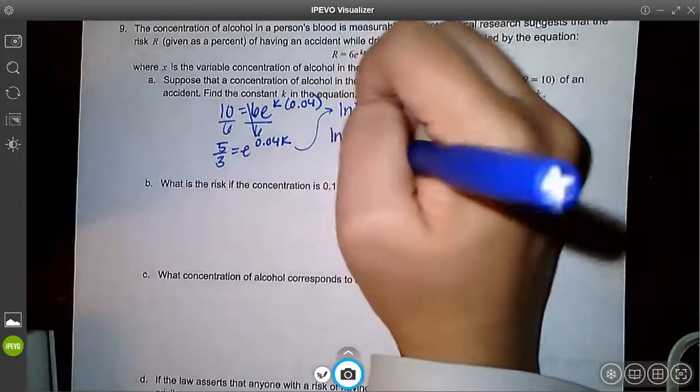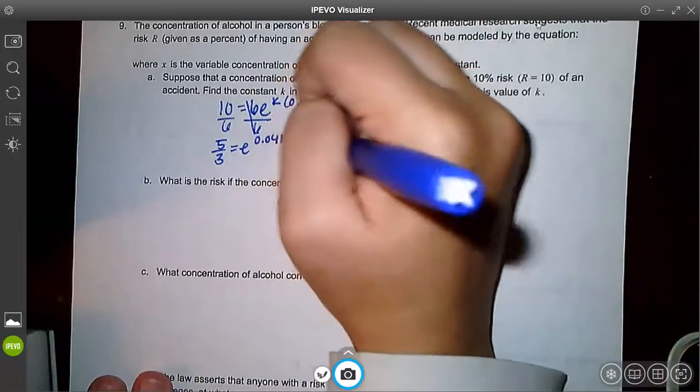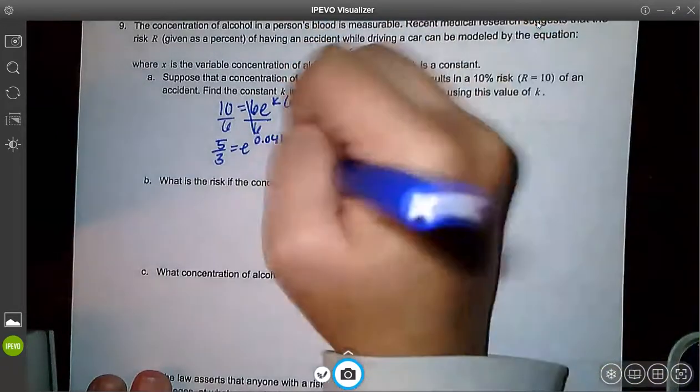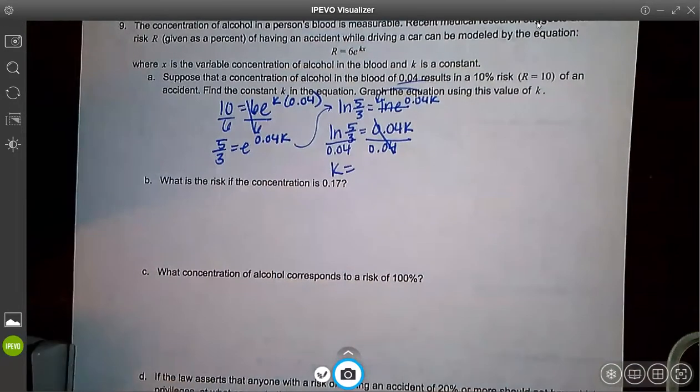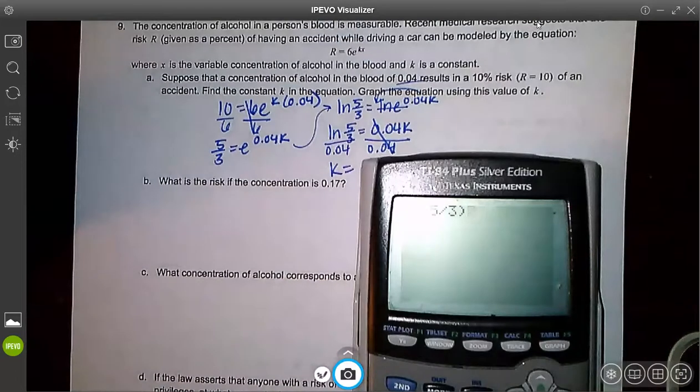Divide both sides by 0.04. And you get k equals, I'm going to round that here. So natural log of 5 thirds in your calculator, and then divide by 0.04, 12.771.